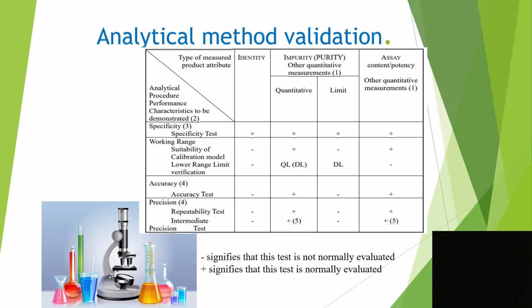So limit, again this test is not evaluated. Potency, yes, it should be evaluated. Accuracy also: for the accuracy test, the quantitative mechanism is normally evaluated and assay is normally evaluated. The rest of the tests are not normally evaluated. However, for the precision, repeatability test and intermediate test, here also the quantitative measurements are to be evaluated and assay is to be evaluated, and it should be normally significantly established.